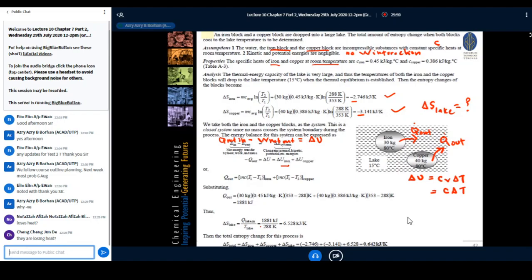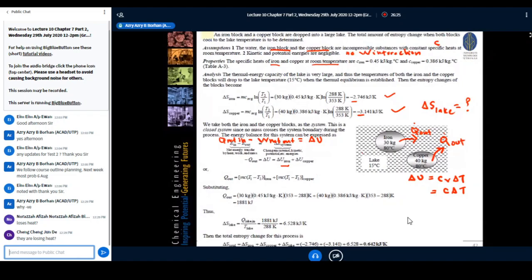So delta S for the lake, guys, if you remember, the change in entropy for a reservoir, you have the equation of Q over T, where the temperature of the lake is normally constant at 15 degrees. So from there, this is the amount of heat received by the lake, right?